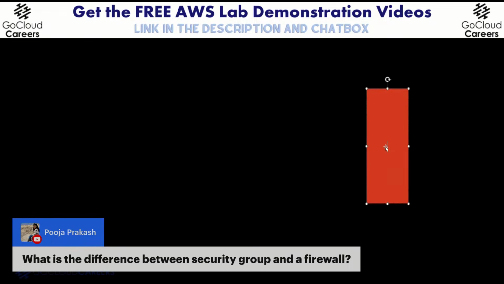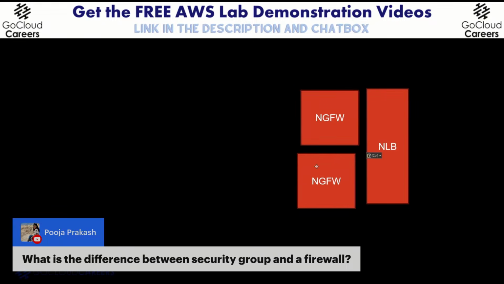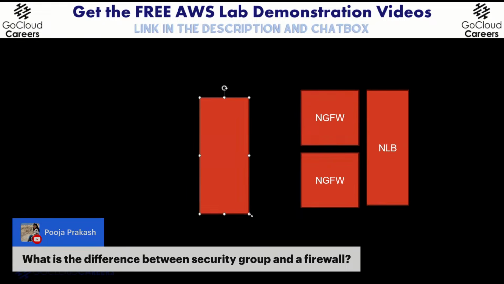So let's look at it this way. In a normal cloud environment, I might have a load balancer split the load against, say, 2 next generation firewalls. And behind that, I could have either an internet gateway, or maybe I've got a web server over here, for example.